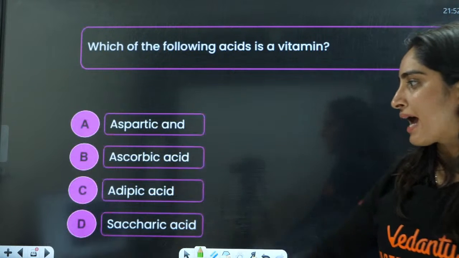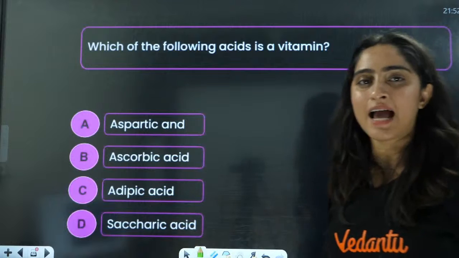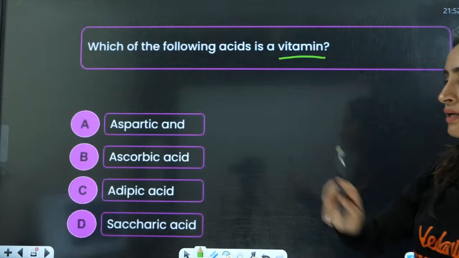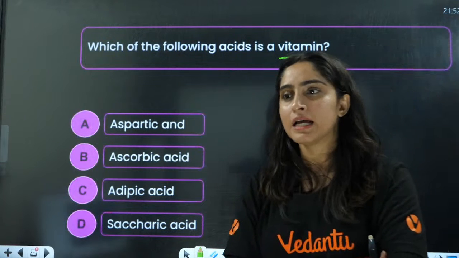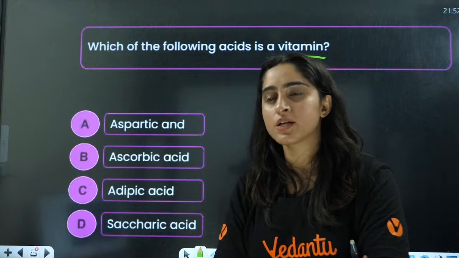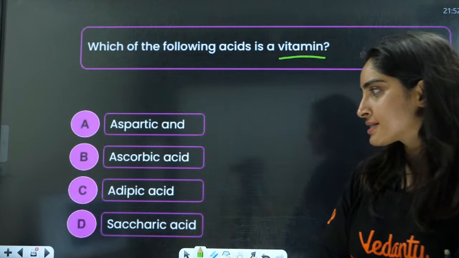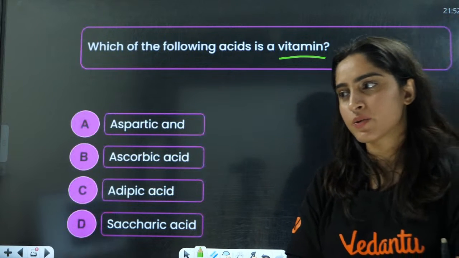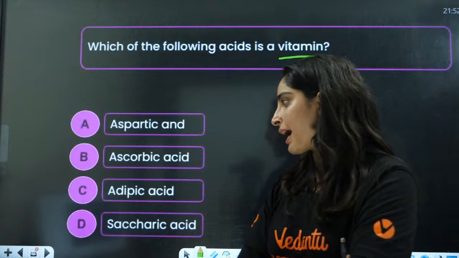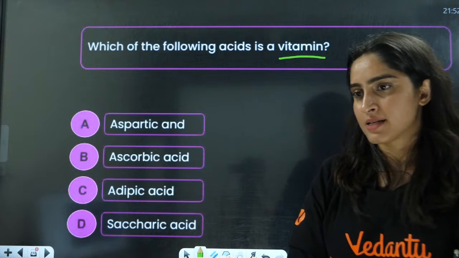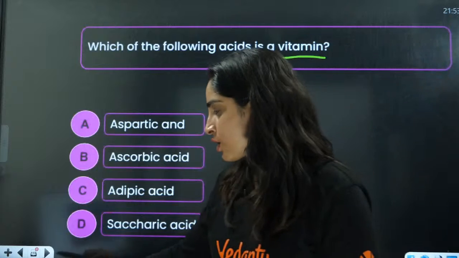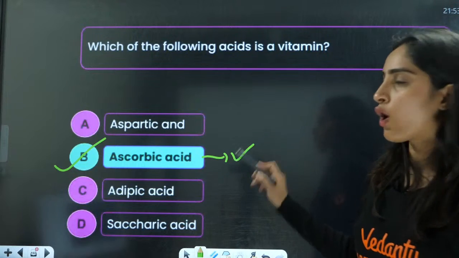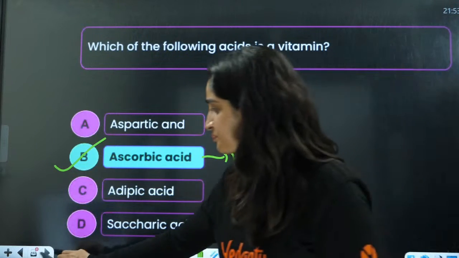Aspartic acid, ascorbic acid, adipic acid, saccharic acid. Yes, ascorbic acid is the vitamin here.